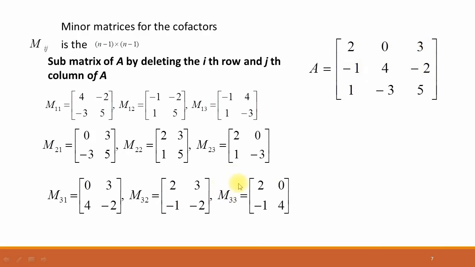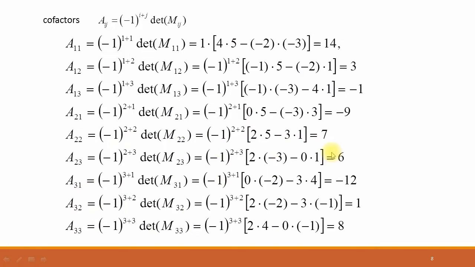Now the last minor matrix, M33, means delete the third row and third column. The minor matrix M33 contains the entries 2, 0 and minus 1, 4. So these are the minor matrices along R1, these are the minor matrices along R2, and these are the matrices with respect to R3.